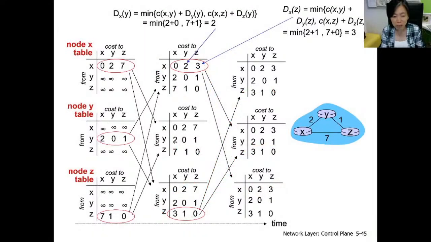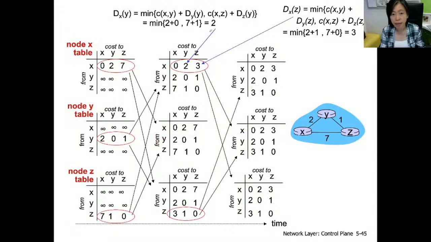Now, what's a bit special is this. In the quiz, you see that dy at node y is actually not changed. Therefore, node y is not going to distribute 0, 1 to x nor to z. So this stays the same, and therefore this and this stay the same. But node y is going to receive a new dx and new dz, therefore this gets changed to 023, this gets changed to 310.